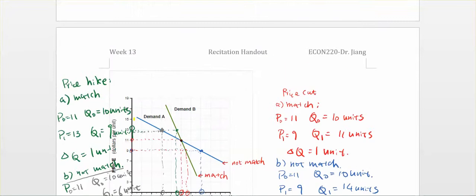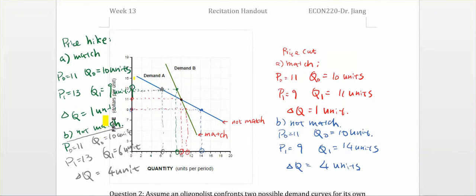By doing this analysis, we find that if the price increases, the best idea is to not match. If the price decreases, the best idea for the rival is to match because they will lose less.